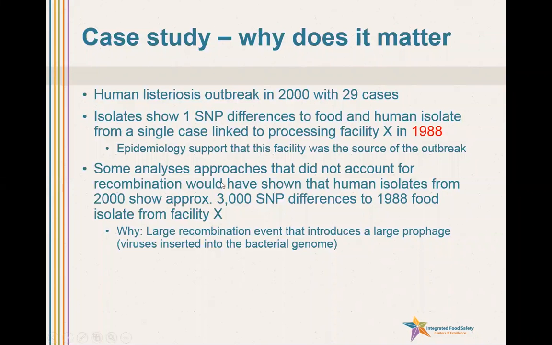So this idea of recombination obfuscating relationships by introducing considerable amounts of different DNA is not just theoretical, but has been shown to cause problems in epidemiological investigations. And for those of us used to PFGE, very often when we talk about the 3-band rule, if we have organisms that differ by 3 bands, those differences are also typically caused by recombination events.